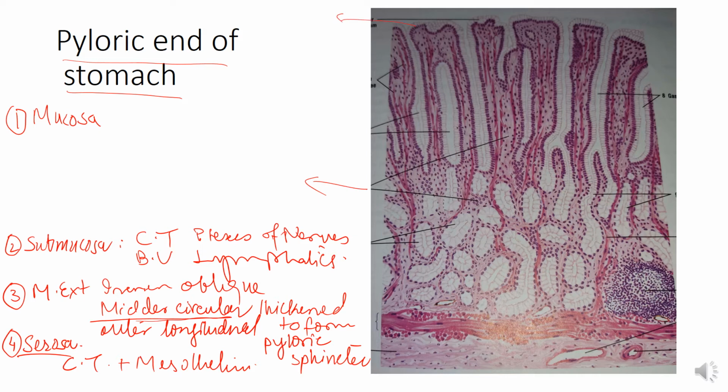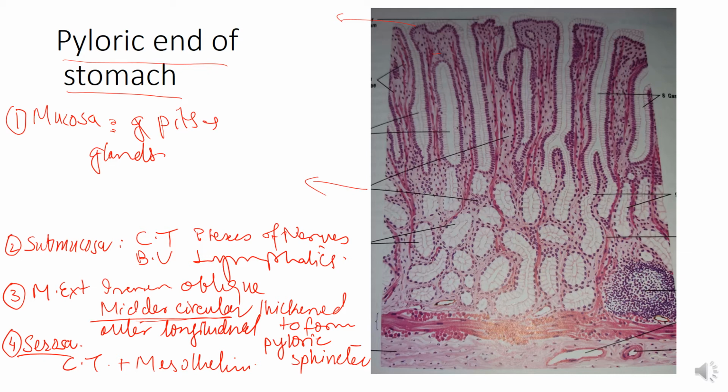Then comes the lamina propria. In the lamina propria, we have the pyloric glands, and you can see here that again in the pyloric glands, we have got pits and the gland itself.